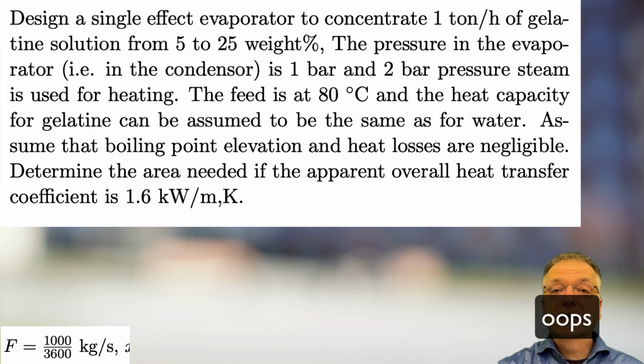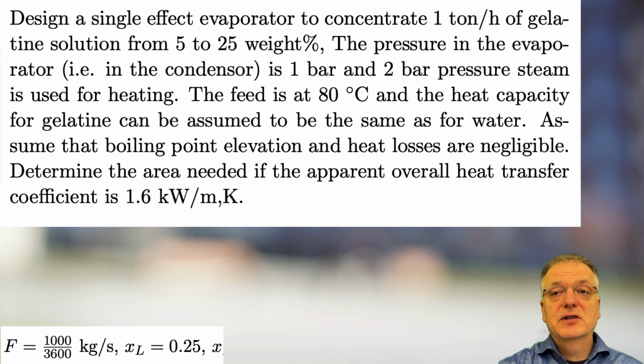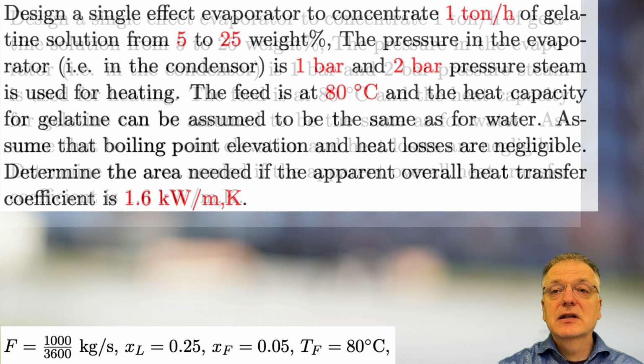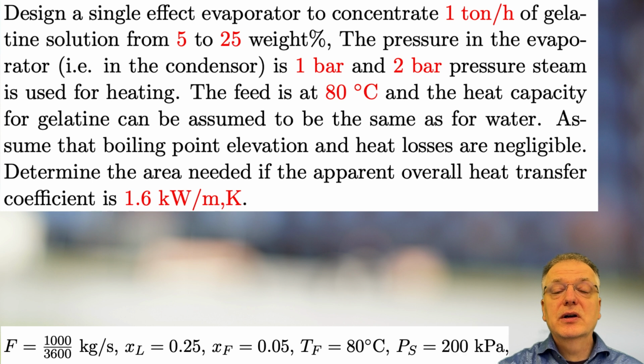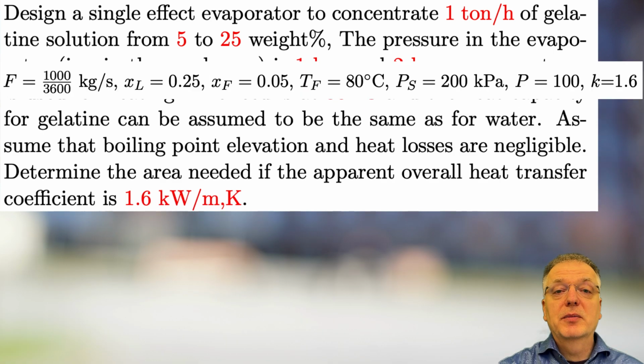We have that F equals 1000 divided by 3600 kilogram per second, XL is 0.25, XF is 0.05, temperature of feed is 80 degrees centigrade, pressure of steam is 2 bar, that is 200 kilopascal. The pressure in the condenser, which governs the temperature of the V and L flow, is 1 bar, that is 100 kilopascal. And finally, the apparent overall heat transfer coefficient, K, is 1.6 kilowatt per meter squared Kelvin.